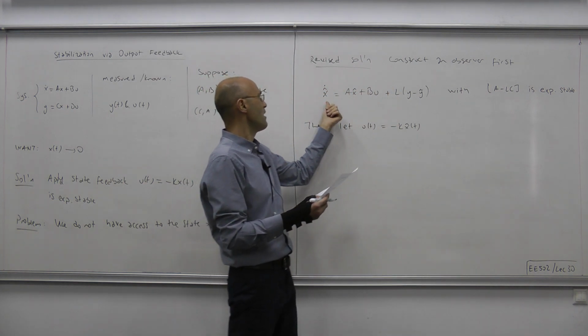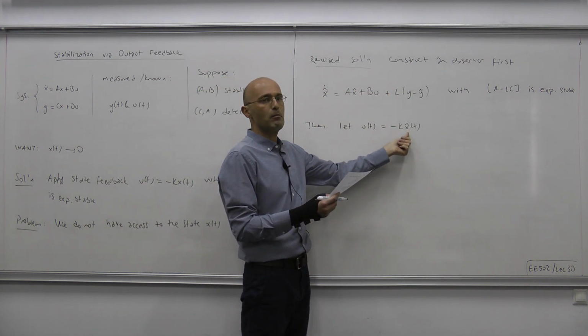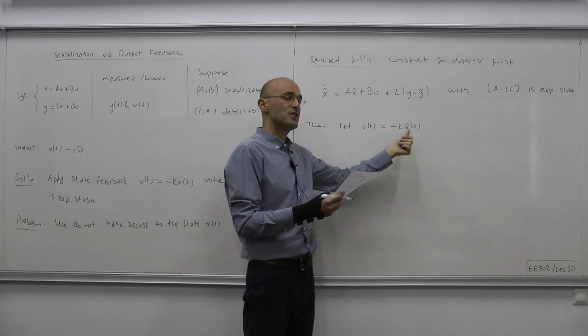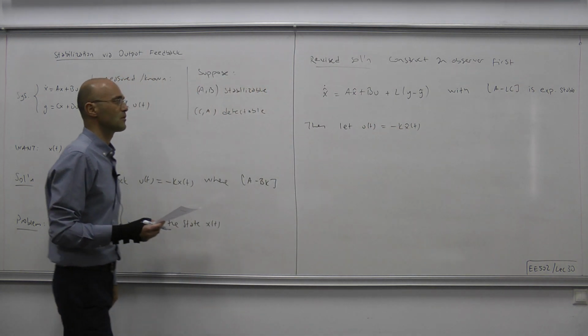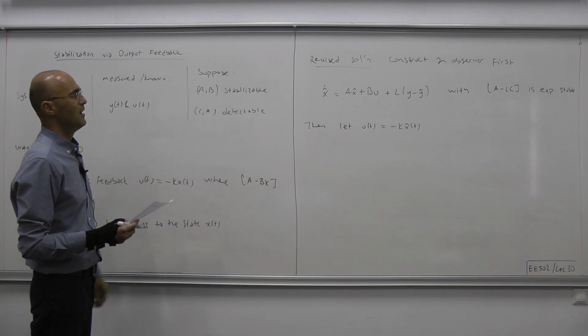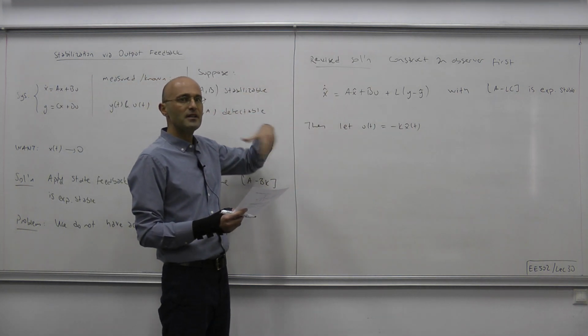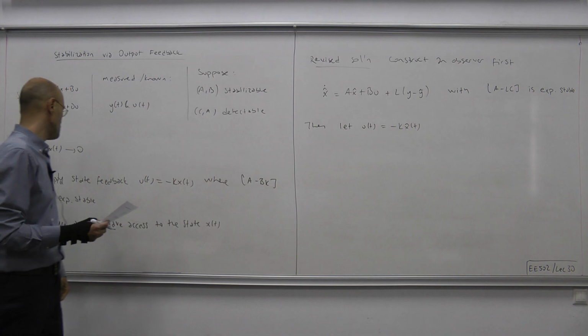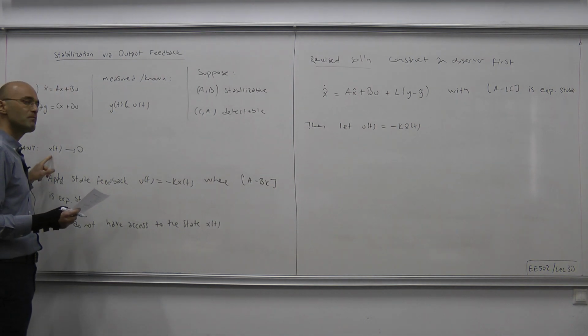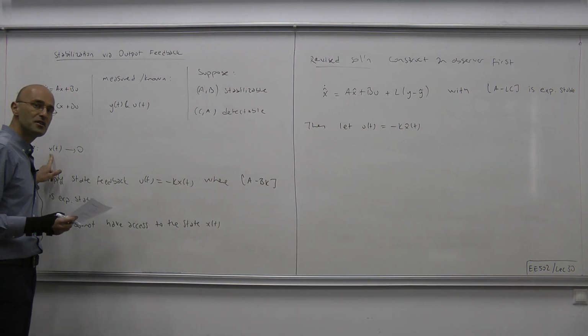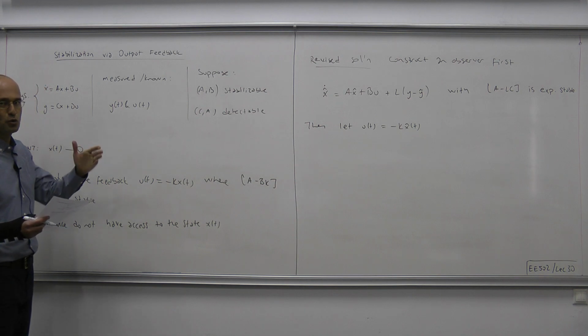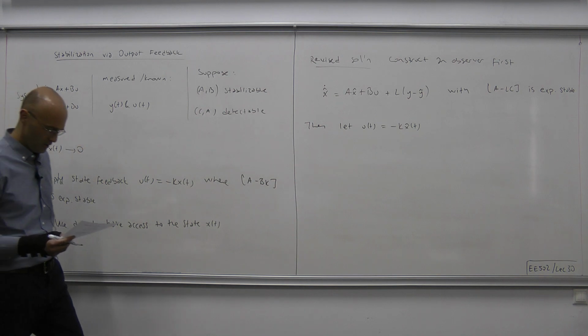Okay, and then once we have x hat, we can use that x hat in our control signal construction. Now this is a feasible solution, but still we have to show that it produces this desired result, that is, the solution x of t converges to 0.